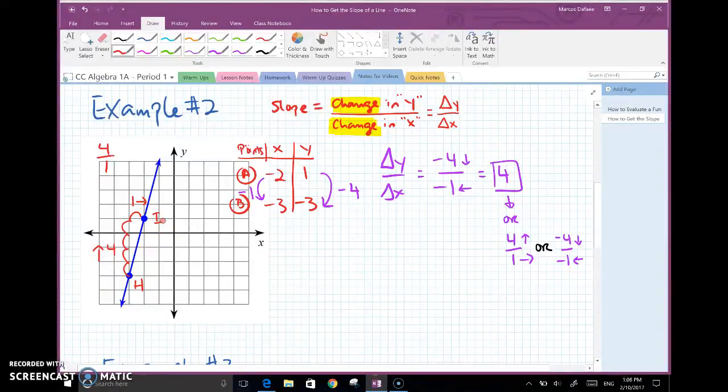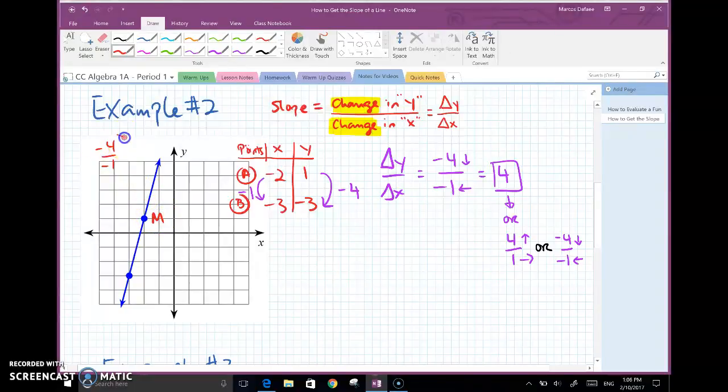And if I wanted to go the other way with -4 over -1, so -4 over negative 1, what that would mean is if I pick any point, I could start with point H, but if I went down 4, I'd run out of space, and I don't want to do that. So I'll pick a point that's higher, like this one over here. Let's call this point M this time.